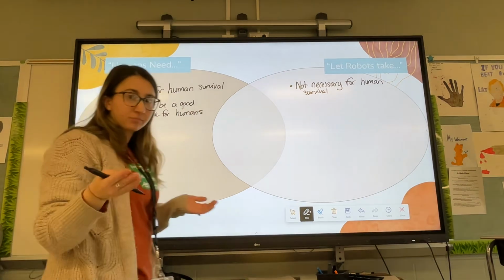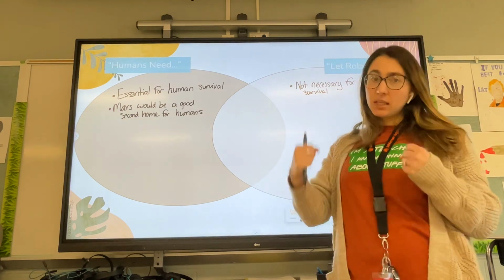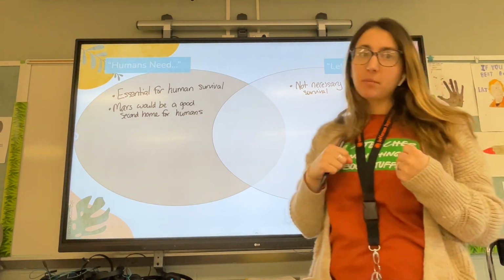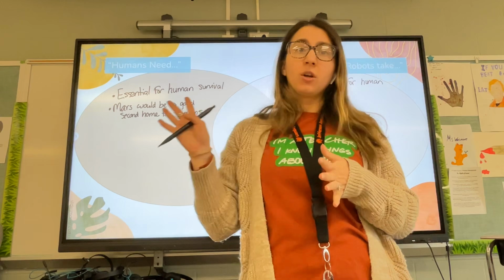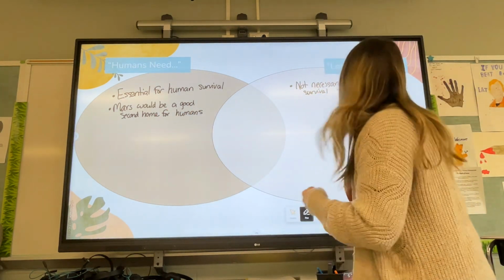She believes, hey, we need to keep doing this Mars thing because when we run out of resources, we're going to need a second home. And Mars is looking good for that.